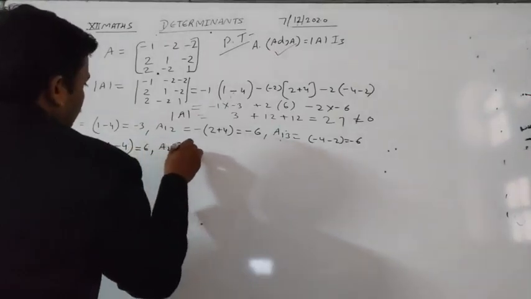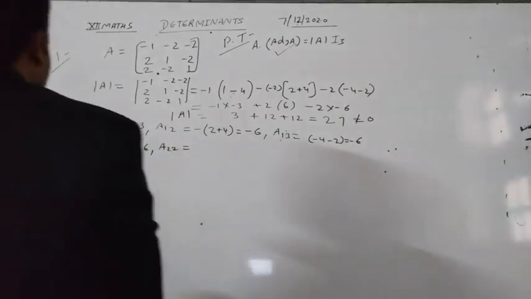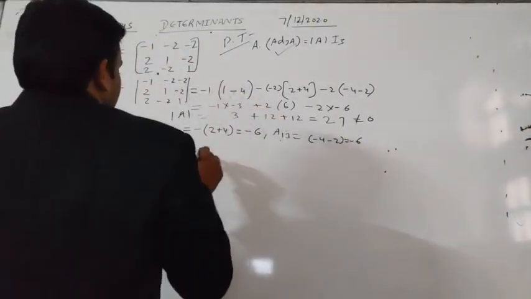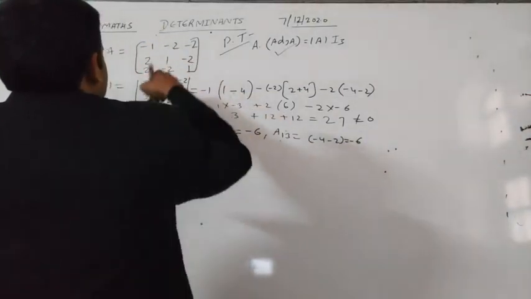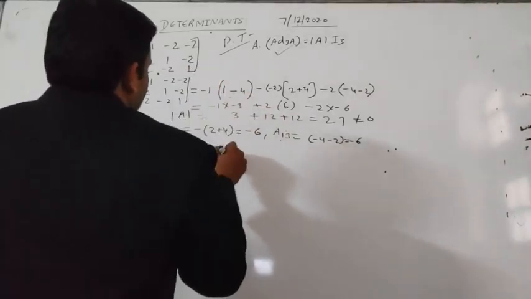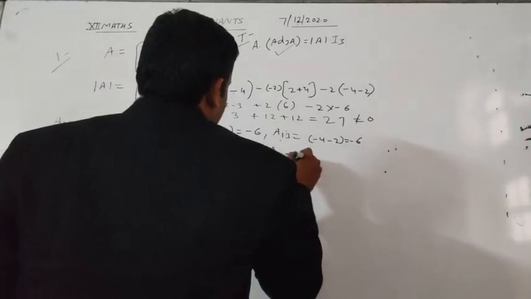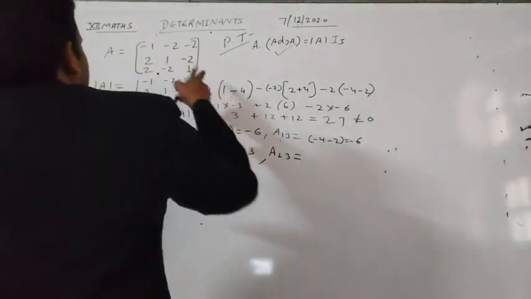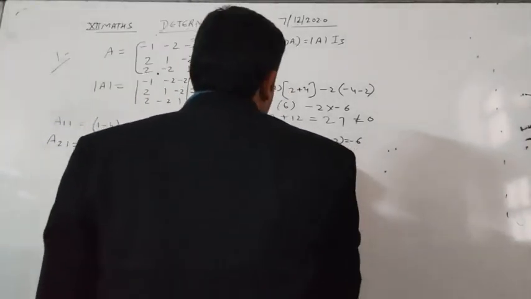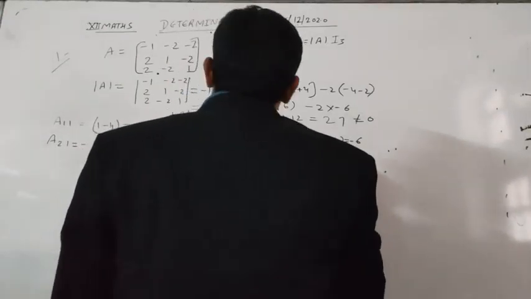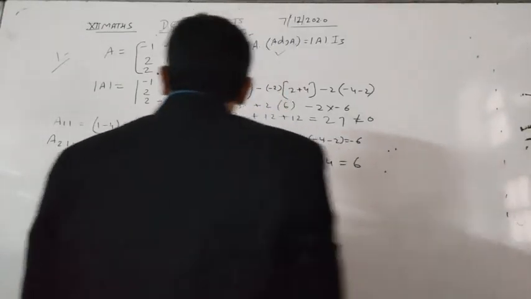So A22 is, this is cancelled, -1 plus 4, which is 3, and A23 is, this is cancelled. So 2 plus 4, which is 6.